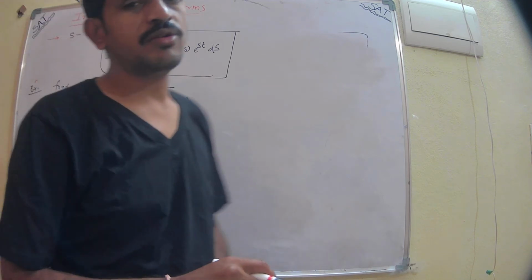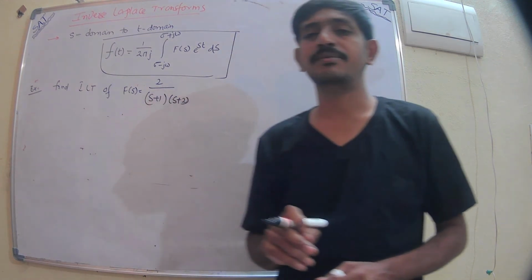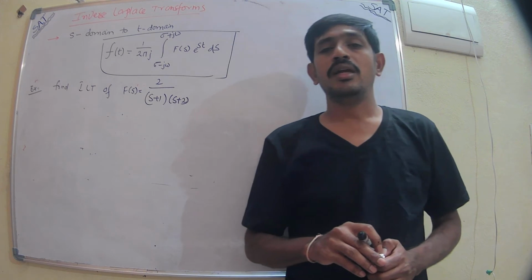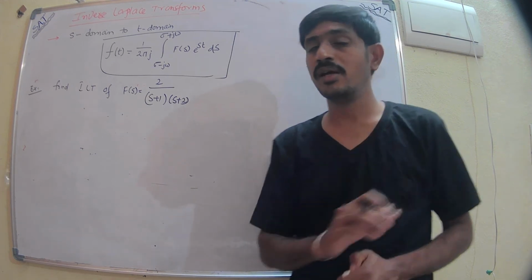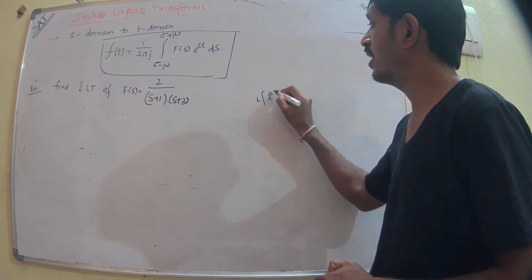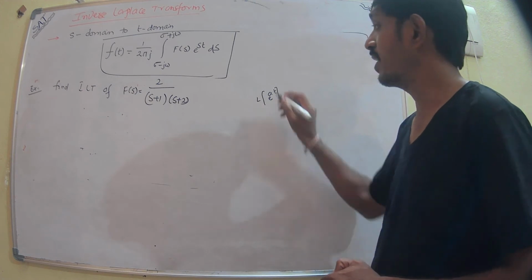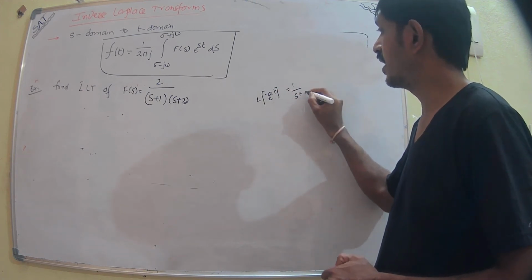To find the inverse Laplace transform of this directly is not possible, because you know the formula: the Laplace transform of e power minus at is 1 by s plus a.